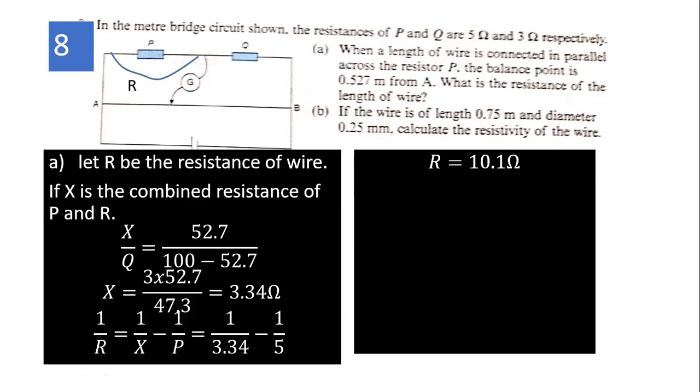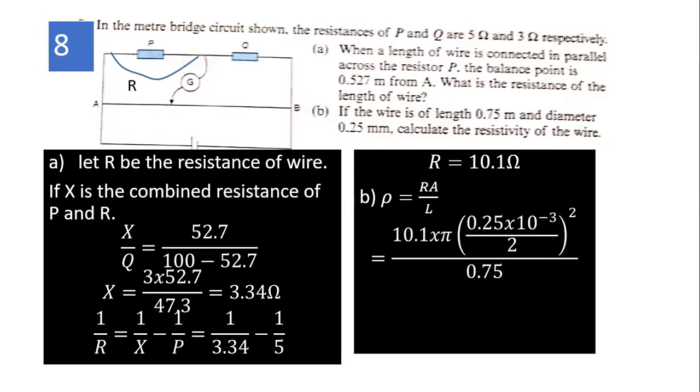Okay. Any problem? No. If the wire is of length 0.75 meter and diameter is that, calculate the resistivity of the wire. This one, they want you to remember the resistivity formula. Two topics together, the previous topic and this topic combined. Remember the formula?